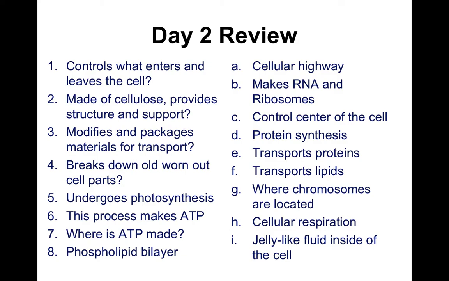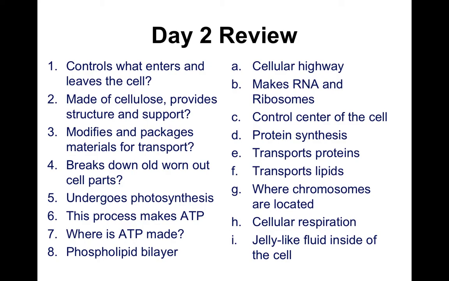A, on the right side, is the endoplasmic reticulum. B would be the nucleolus. C is the nucleus. D is ribosomes. E is rough ER. F is smooth ER.